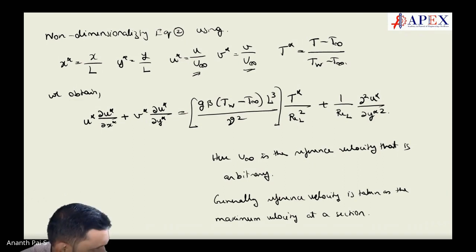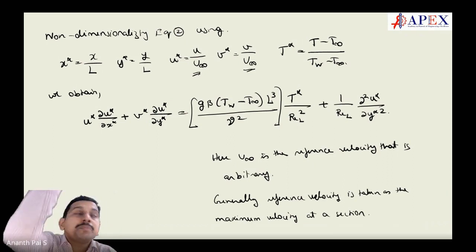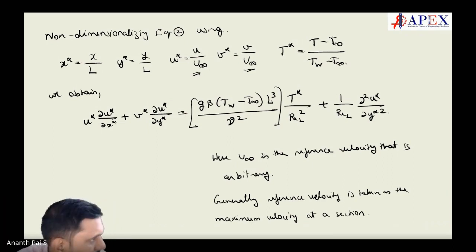It's arbitrary basically. The velocity at the bottom of the plate is less, and as you go up, the maximum velocity changes. Makes sense. So it is actually arbitrary. So the Reynolds number in fact is arbitrary.